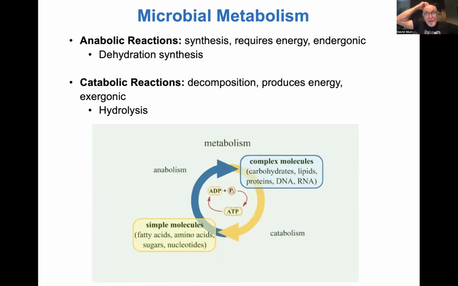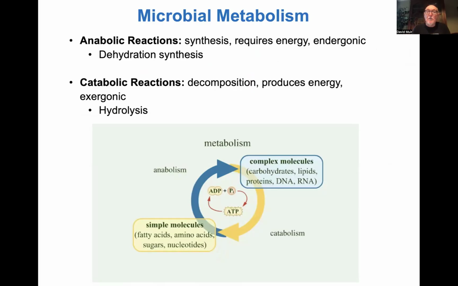Okay, so let's break it down to its most simple. There are two basic types of reaction that are taking place in living systems. The first is reactions of synthesis, of building, of taking simpler components and putting them together to make a more complex component.